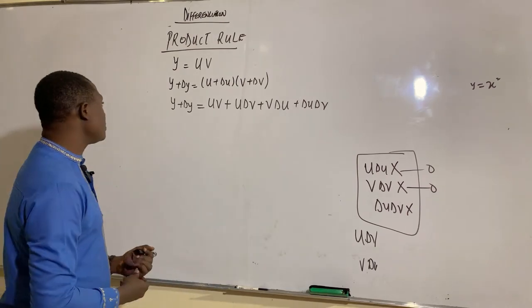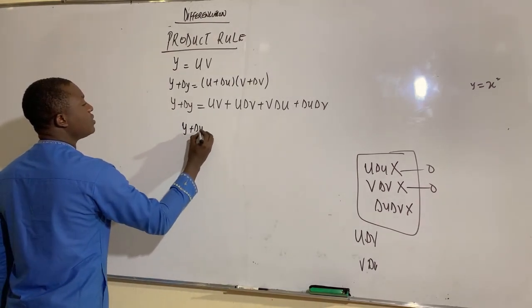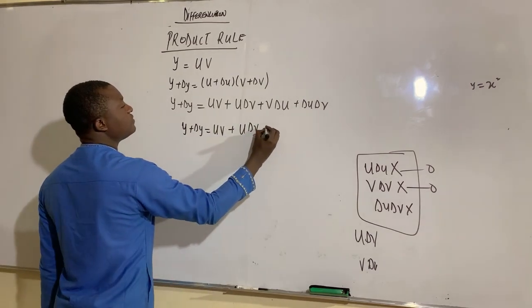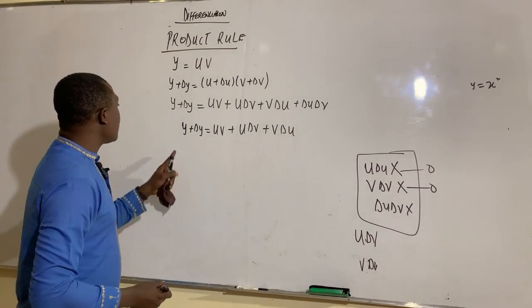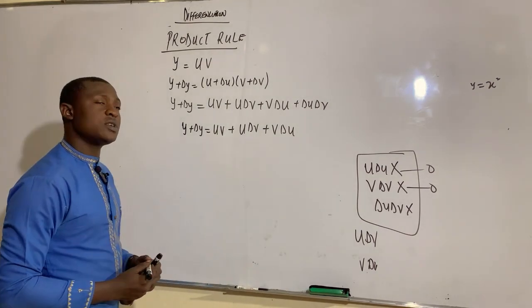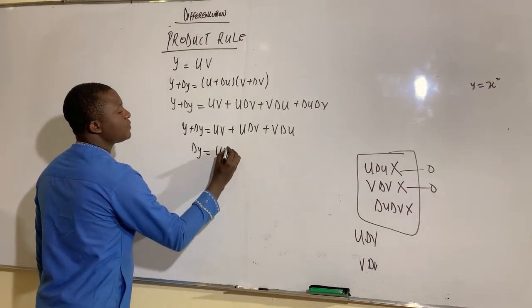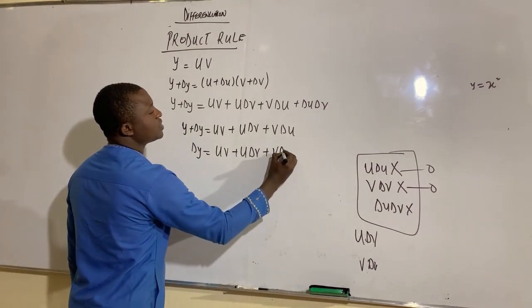That's going to be 0. If I remove that one, here we have y plus change in y is equal to uv plus u change in v plus v change in u. The next one is, I make change in y the subject, so we have change in y is equal to uv plus u change in v plus v change in u.